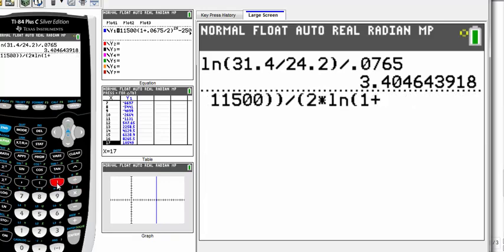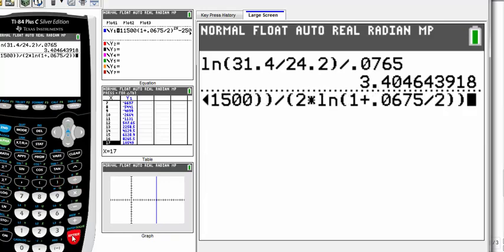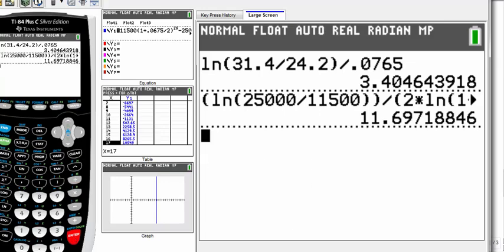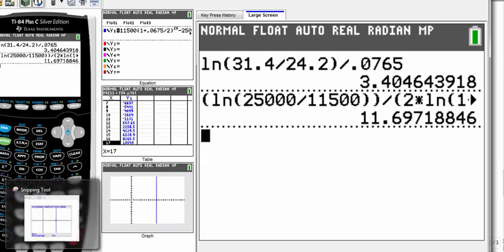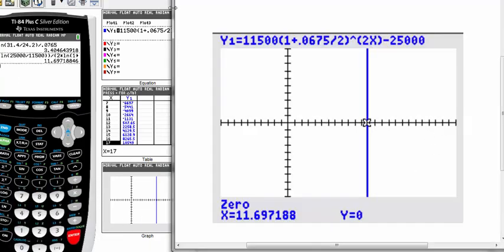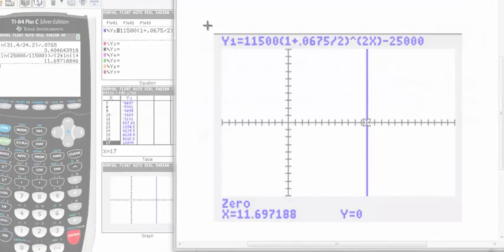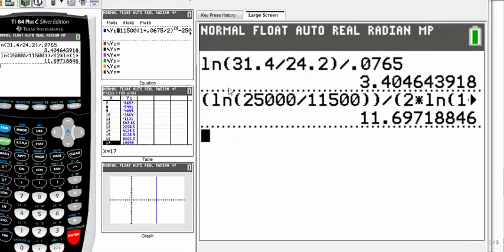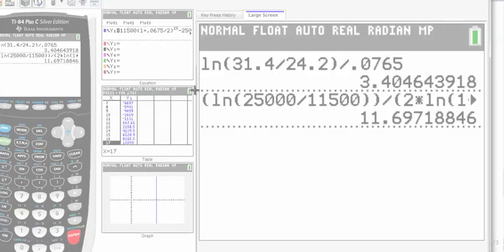So I'm going to close parentheses on the log, close parentheses on the denominator, and hit enter. And you can see that I get the same value that I just got, I think, from my graph. 11.697118 is what I had before. Oops, I'm going to copy this, and I have the same thing here, 11.697188 here as well.